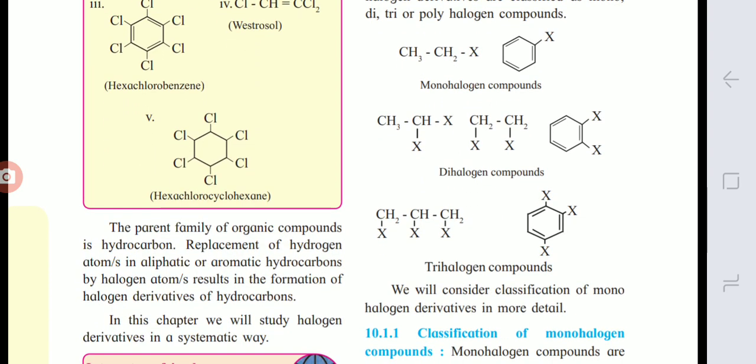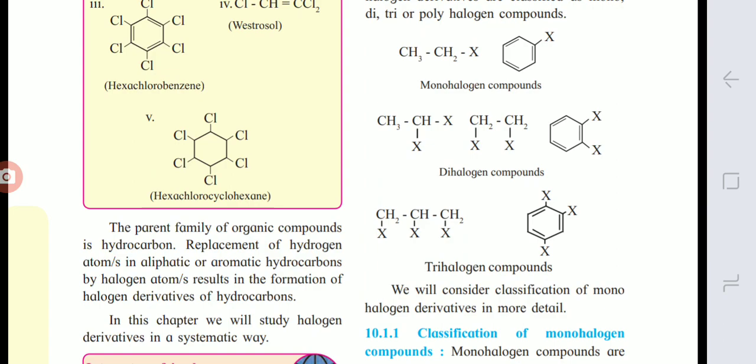Now we have to define the halogen derivative. Here we consider the parent family of the halogen derivative is hydrocarbon, either alkanes, saturated hydrocarbon, open chain compound, or aromatic compounds.